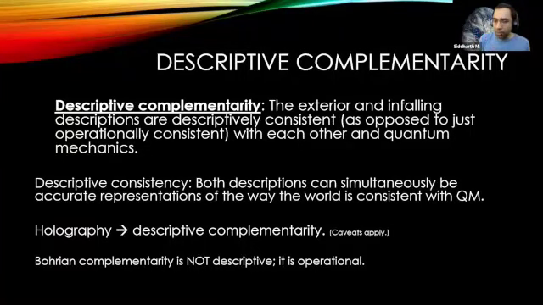But it's not descriptive in the way I'm construing descriptive complementarity, because Bohr did not take those descriptions to be representationally serious. He said, depending on your experimental context, you can use either one description or the other. And so that's an operational restriction, because depending on which kind of observer you are, you can use one or the other description. But it's not saying that if you have two different descriptions, they can both be simultaneously true.